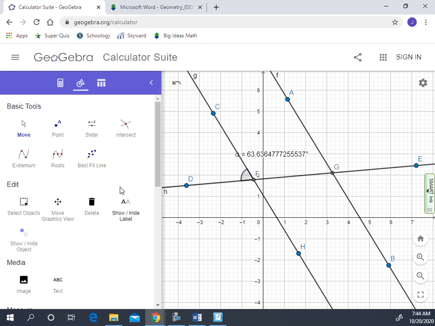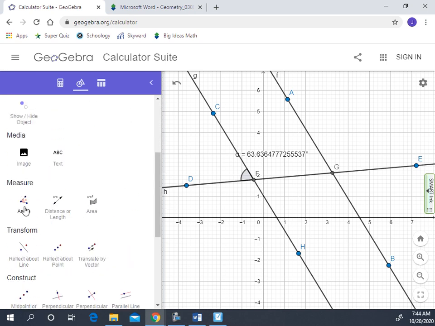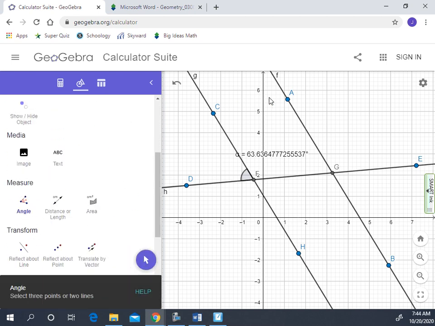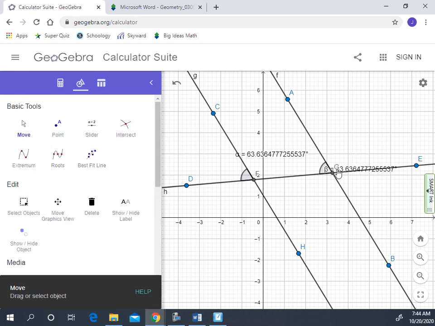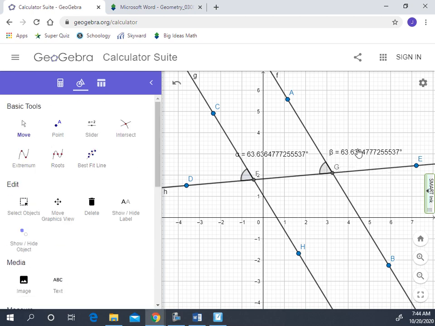Okay, I'm going to find another angle, and that's going to be angle AGF. Now if you notice, those two angles are the exact same, and that's because these are two parallel lines cut by this transversal.